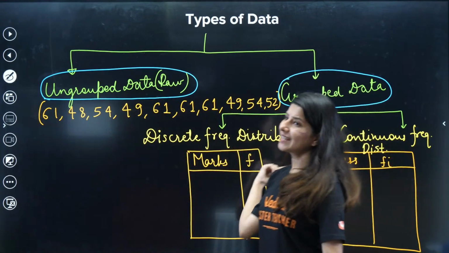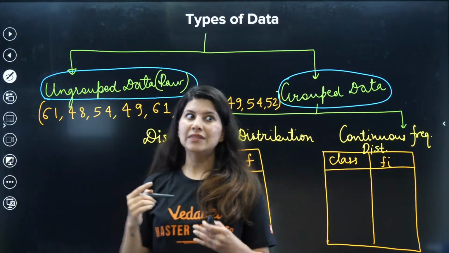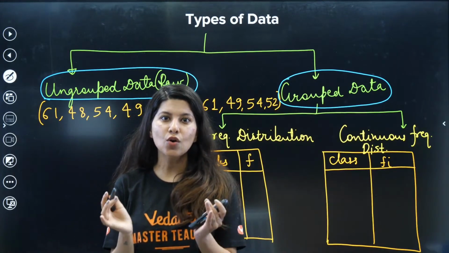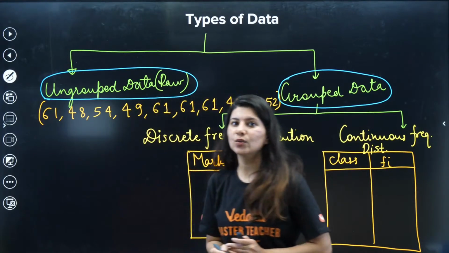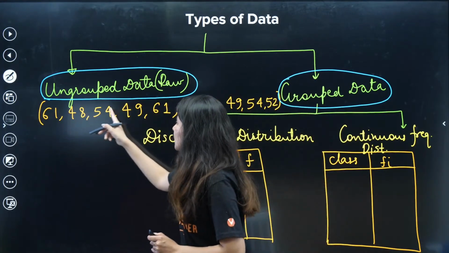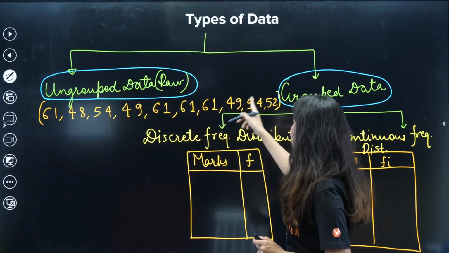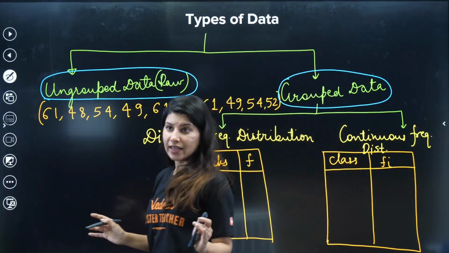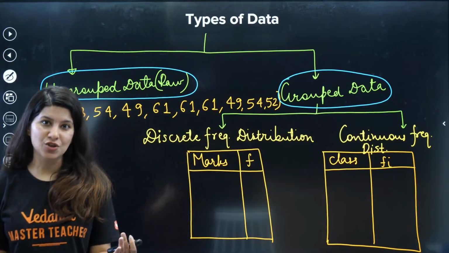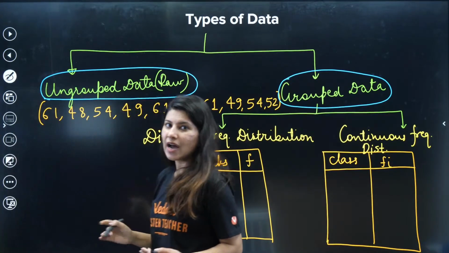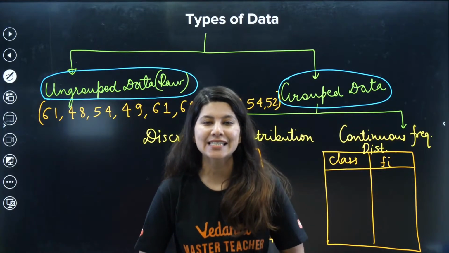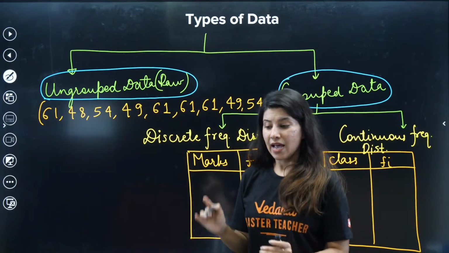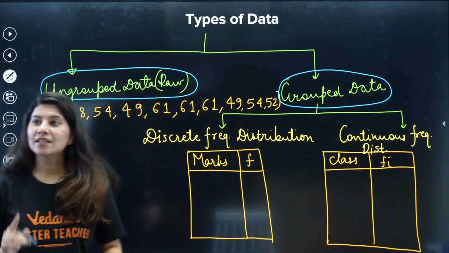Ungrouped data is again not that beneficial, right? It's raw data. Suppose you have 10 students. I teach a batch of 10 students and I am taking a mathematics test, and out of 100 they are getting this much marks.